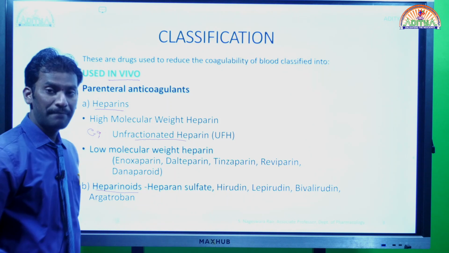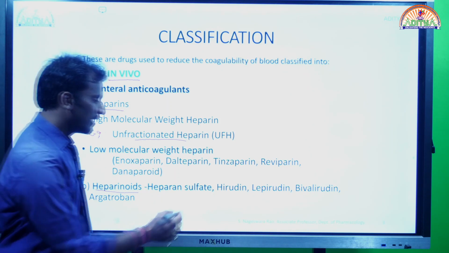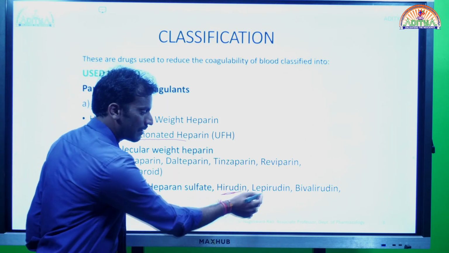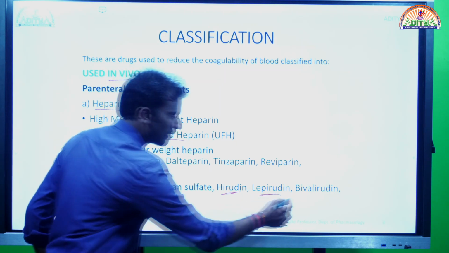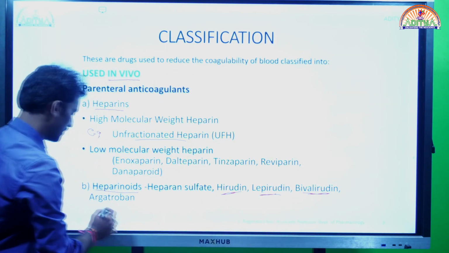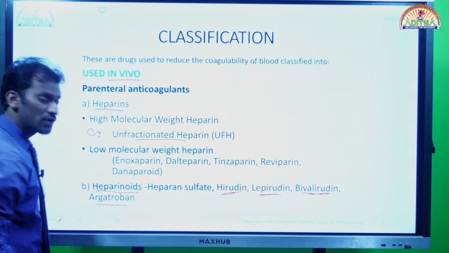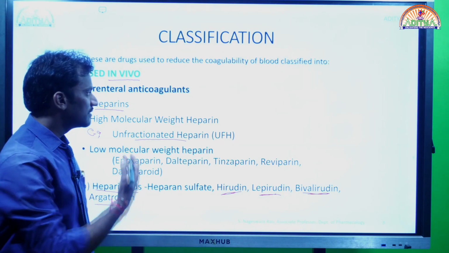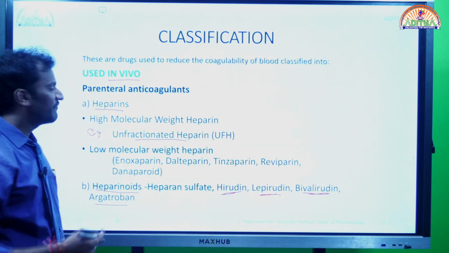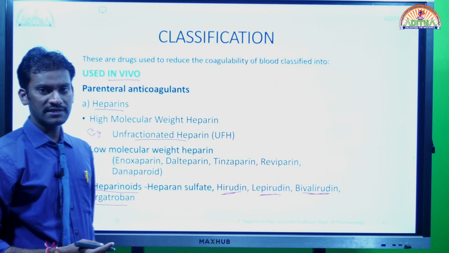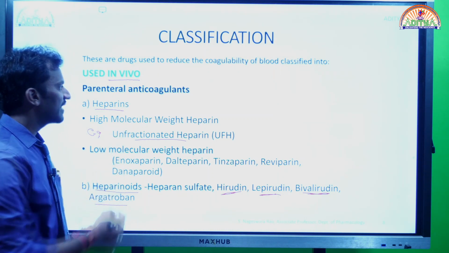Examples are heparan sulfate, hirudin, lepirudin, bivalirudin, and argatroban. These are the in vivo anticoagulants, particularly parenteral anticoagulants.